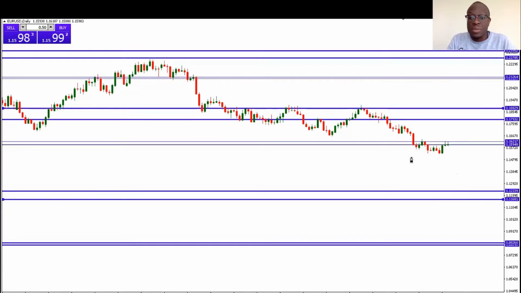Then the other scenario that we might expect is that we can notice that this is also another order block that has been formed. So what we'll be expecting in the coming week is that the price is going to push back, test this order block, then be rejected to the upside and come and test this order block. This would then form the first part of our pullback, where the price is going to test the previous low as a resistance area.